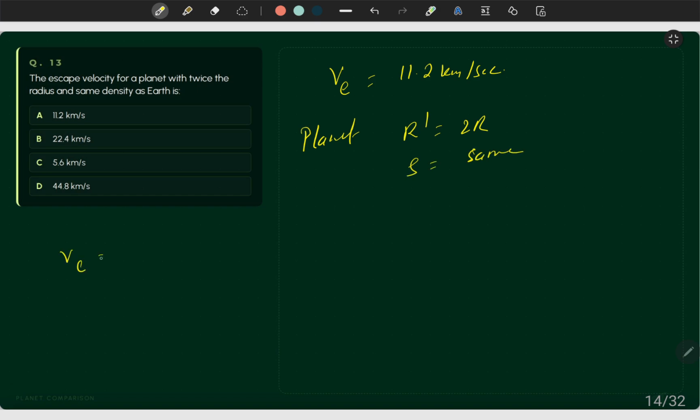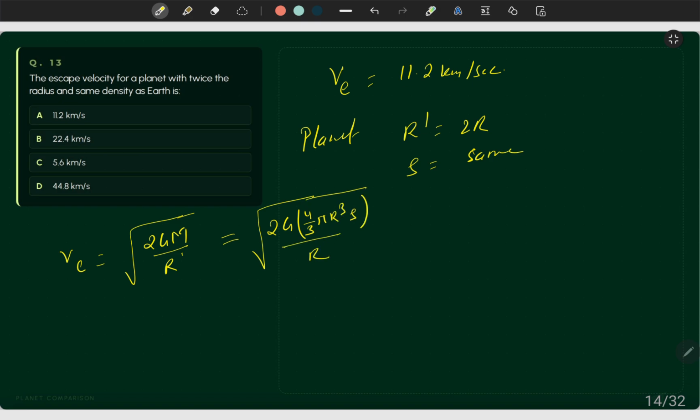So first we will convert the escape velocity formula, root of 2GM by R, in terms of density. 2G, mass is equal to volume into density, by R. So this comes out to be root of 8 by 3 pi G density, into R. So we can see that escape velocity is proportional to R, as the bracket term is a constant.